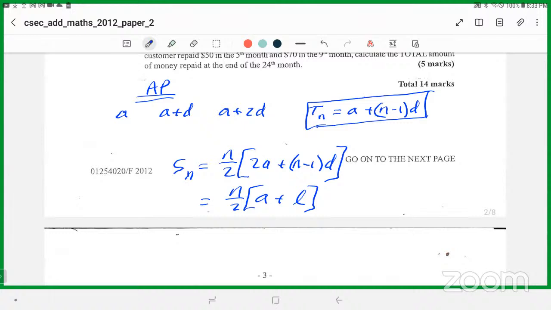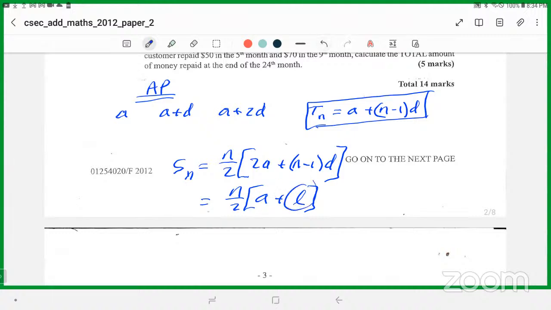Remember, the last term would simply also be equal to this expression, a plus n minus 1 d. So you see that the a here and the a here is where you get the 2a, and then the a plus n minus 1 d is where you get the last term. We can extract the a plus n minus 1 d out of this and leave the a alone.